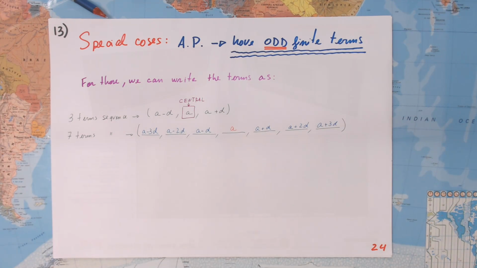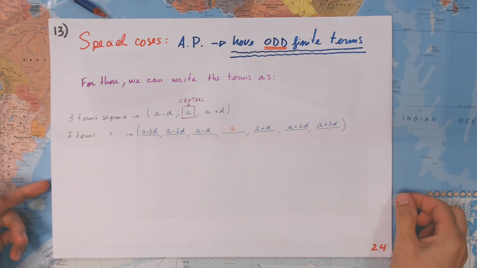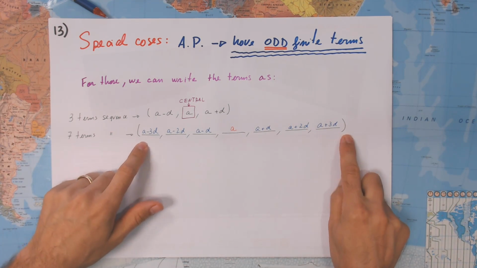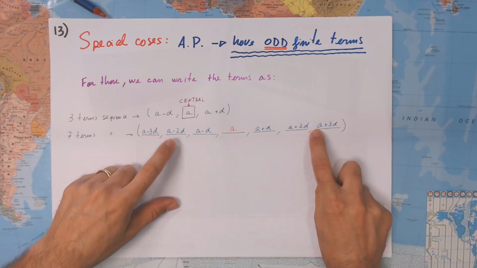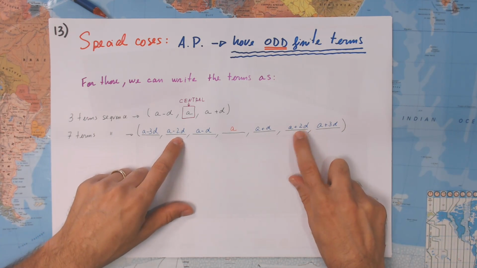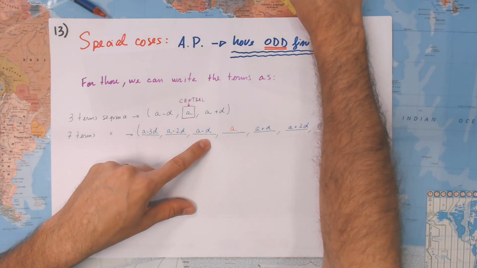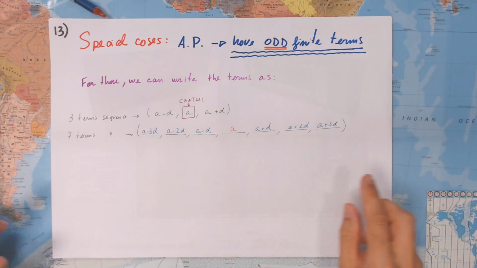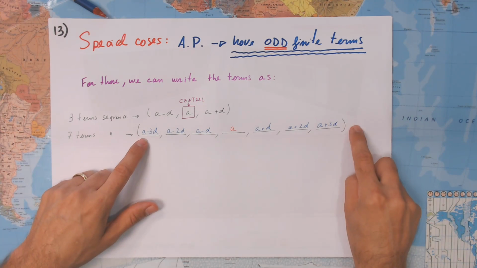Why are we doing this? Well, I'm just going to give you the answer now. It's pretty straightforward. When you sum everybody, those are going to cancel, 2d minus d, and those are also going to cancel. So when we add everybody up, in this case we're going to have 7a.